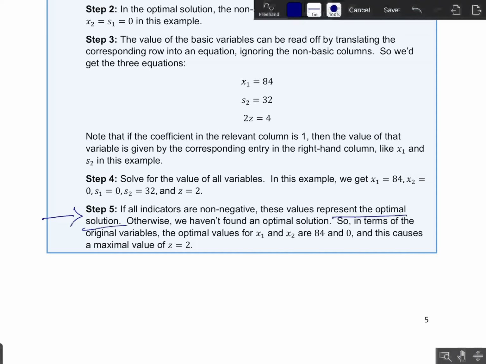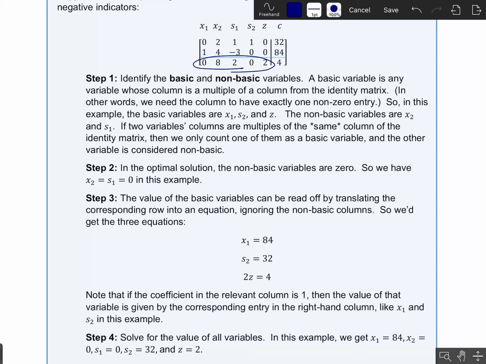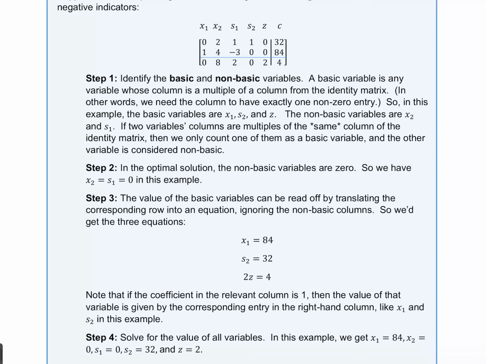So ordinarily we want to wait until we have none of the negative indicators remaining. So once all of the negative indicators are gone, then we'll read off the solution and it will be the optimal solution. So if we look at this example, there are no negative indicators, and therefore if we just read off the matrix like we did a second ago, this will represent the optimal solution.